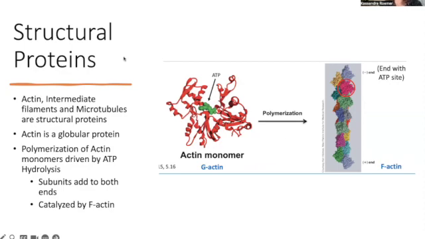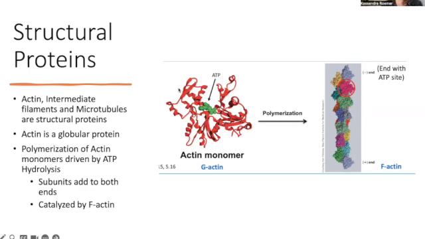So actin itself actually is a globular protein. However, via polymerization of these actin monomers, which is driven by ATP hydrolysis, multiple subunits can be added together and form this filament structure right here.